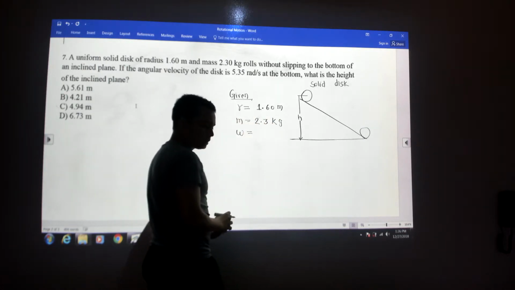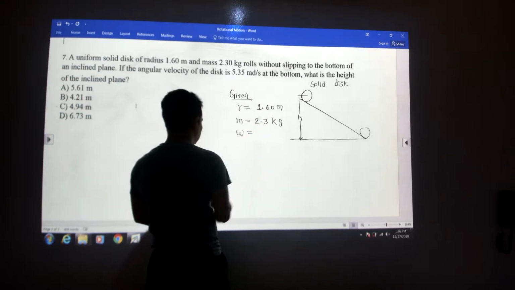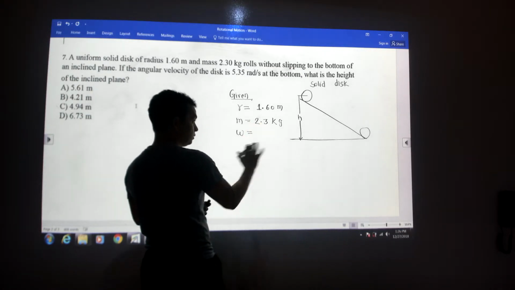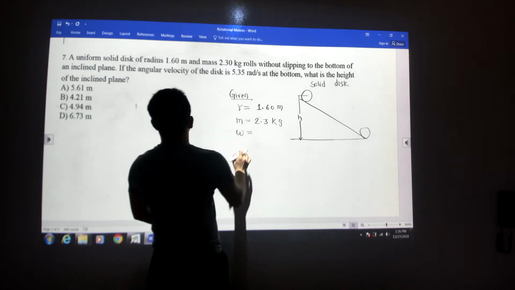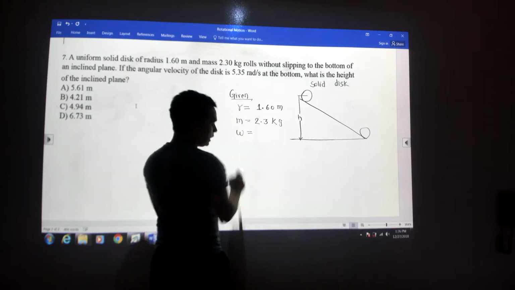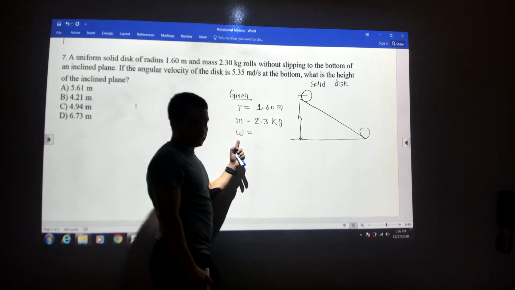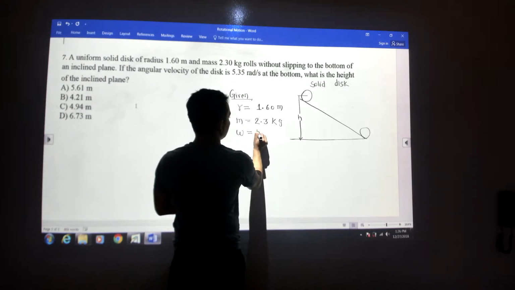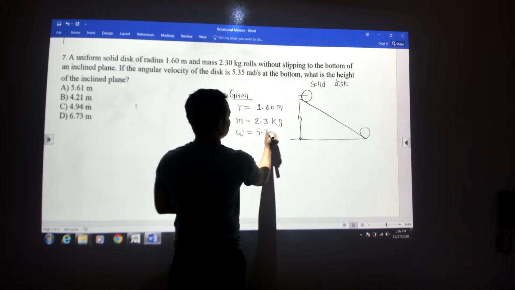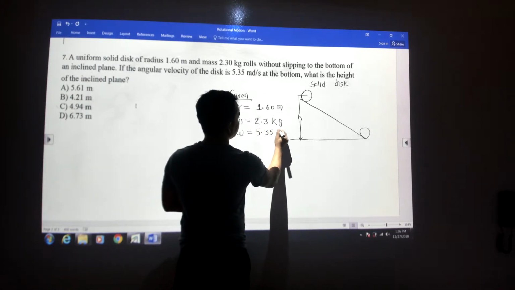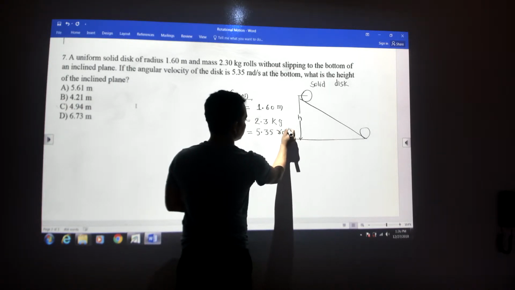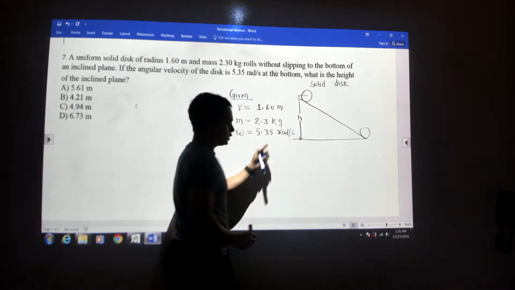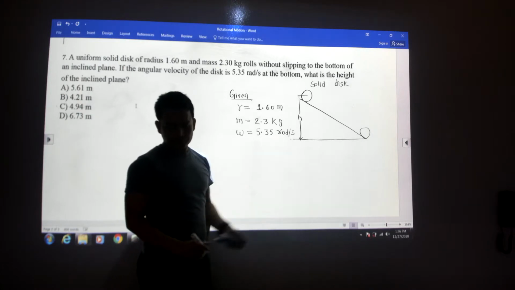If we want to take a measurement, of course you have to take the significant figures into account, but for now, it's okay. The angular velocity is denoted by omega, which is given 5.35 radian per second. Always remember, you have to express this in radian per second.